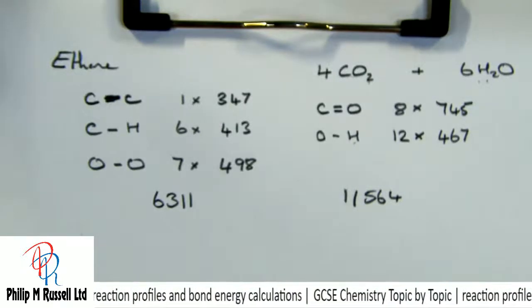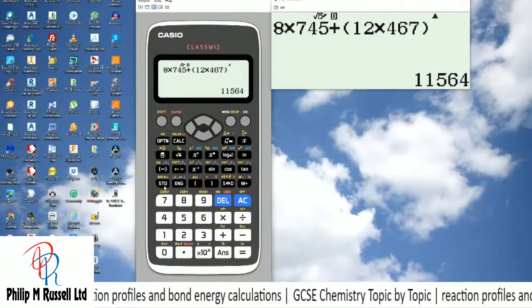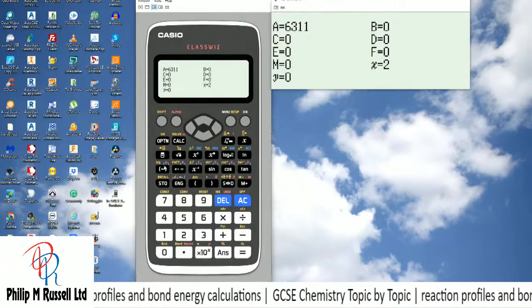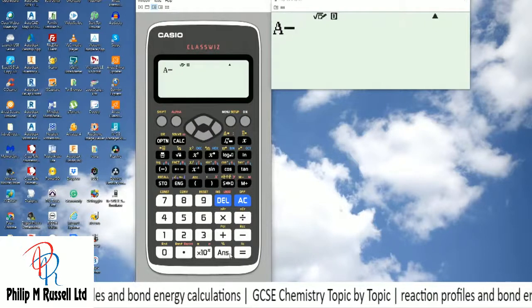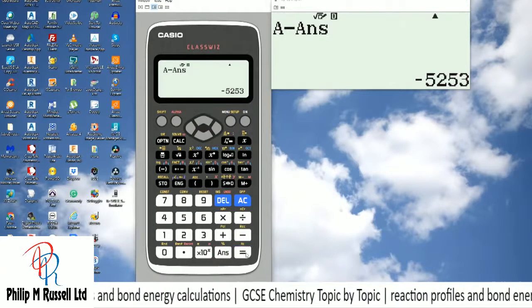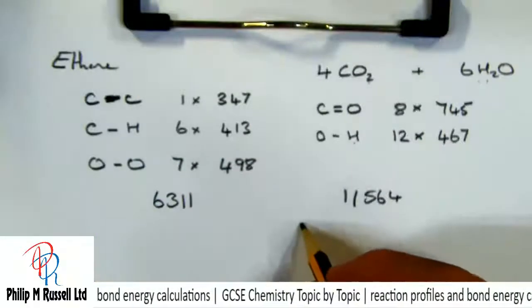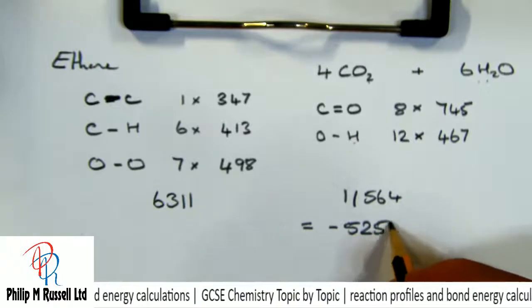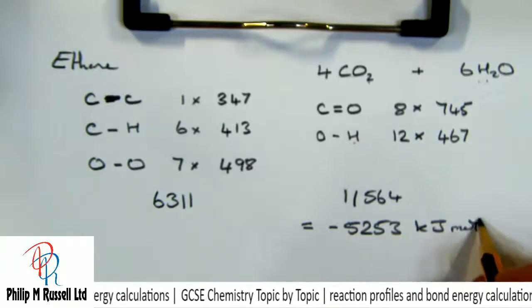If we do the takeaway, I'm going to recall what I had in memory A, and I'm going to take away what's in my answer. We can see that we get minus 5253 kilojoules for every mole.